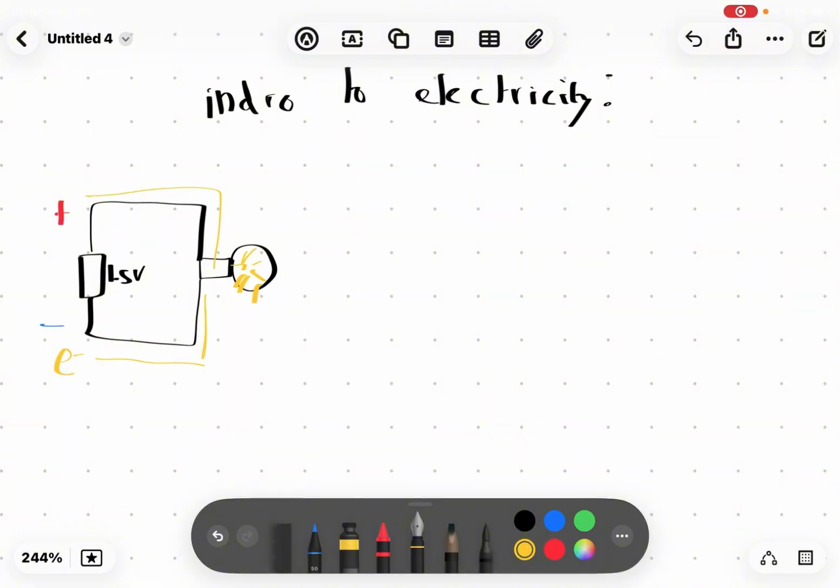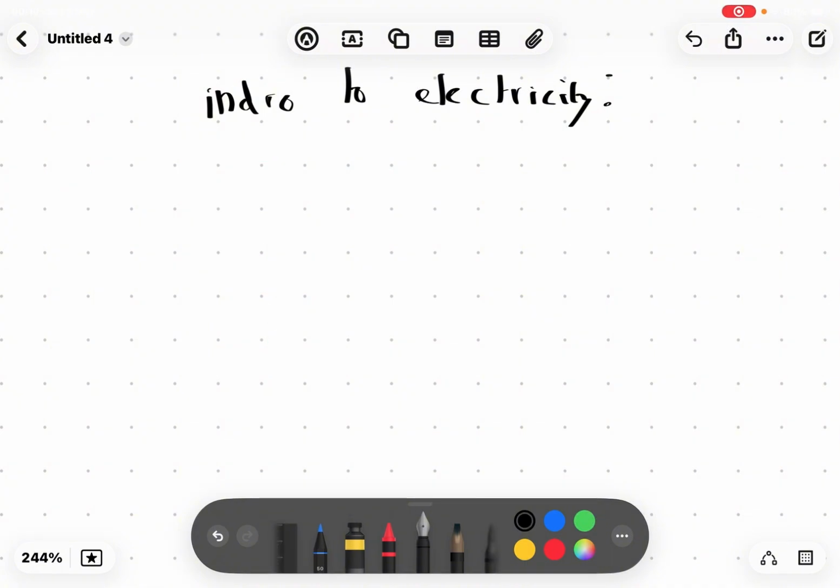However, when we study this, we talk about current going from positive to negative, so just know that. The battery is symbolized like this, and we have a resistor. We should already know this because I did a few videos about this.